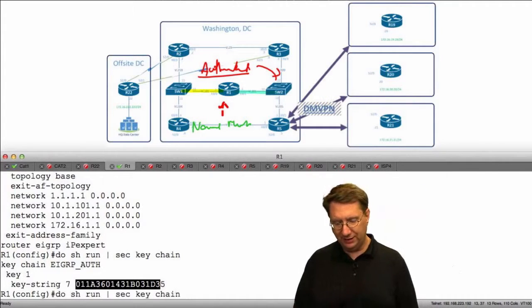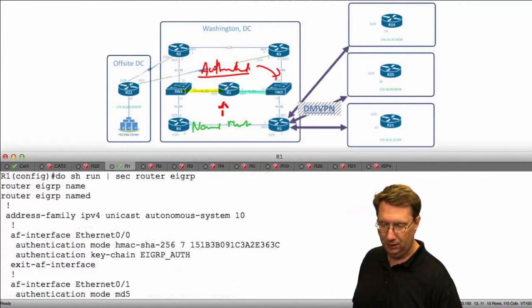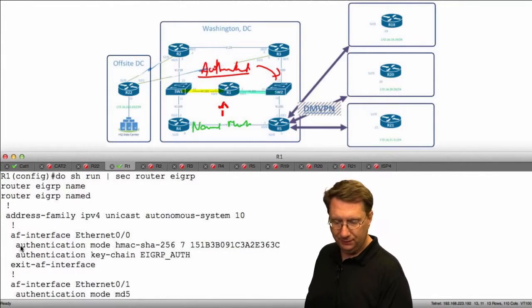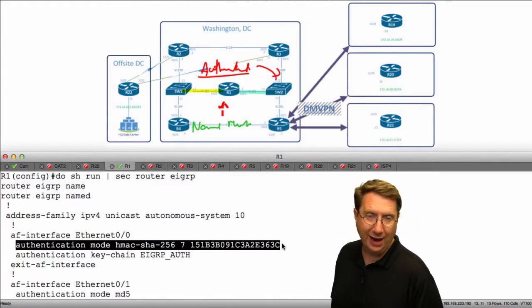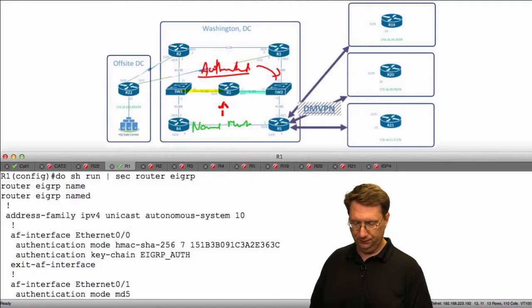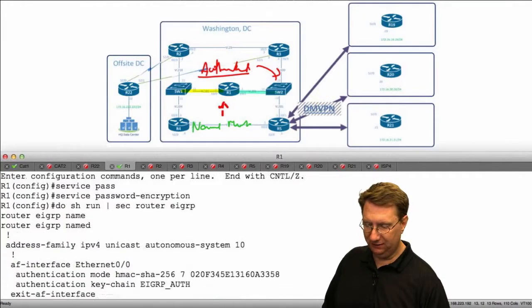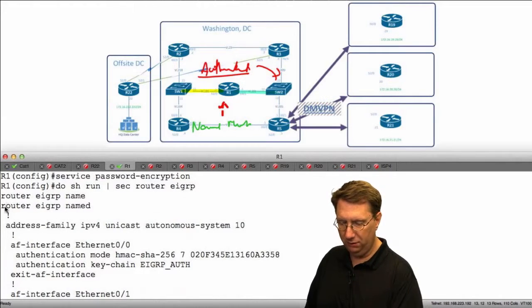Well, in the confines of my EIGRP process, I can take this value and paste it into a device. What I'm going to do is go to this AF interface config, so I'll just copy and grab all of this.